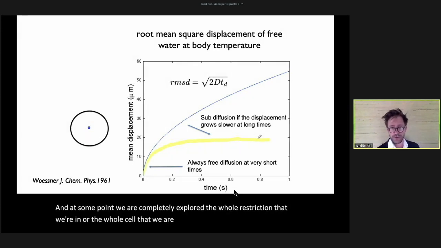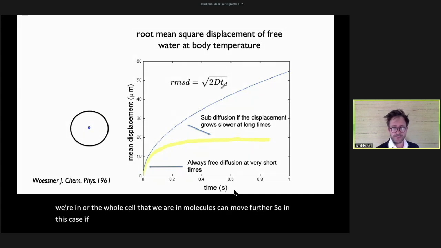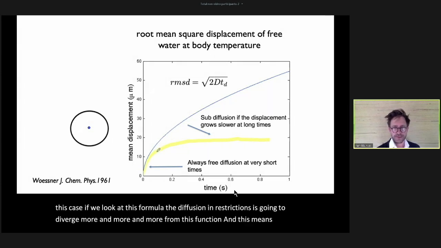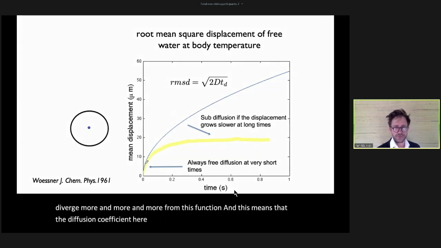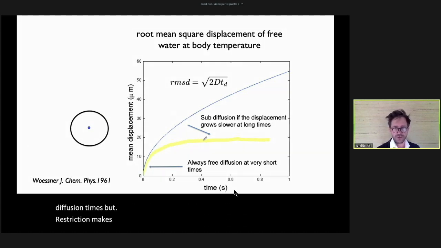Molecules can't move further. So in this case, if we look at this formula, the diffusion in restrictions is going to diverge more and more from this function. And this means that the diffusion coefficient here is the same as for free diffusion at very short diffusion times, but restriction makes the diffusion coefficient attenuate, or be lower, with longer diffusion times.